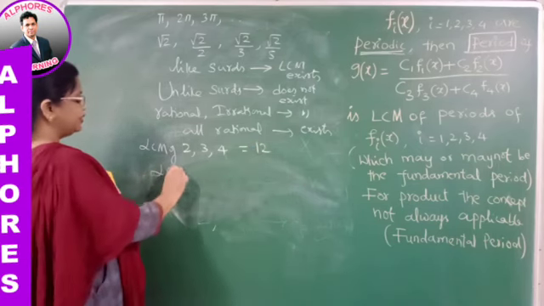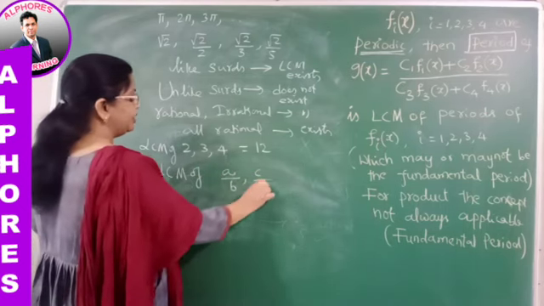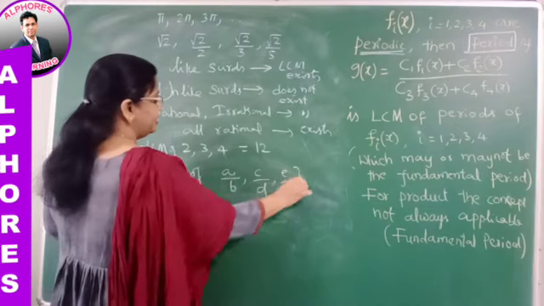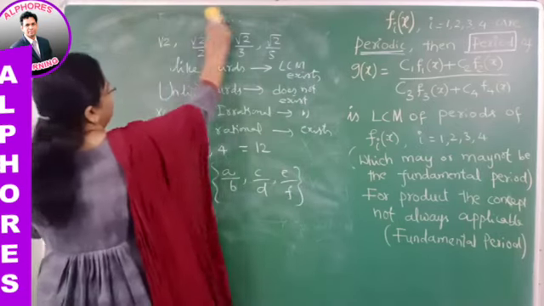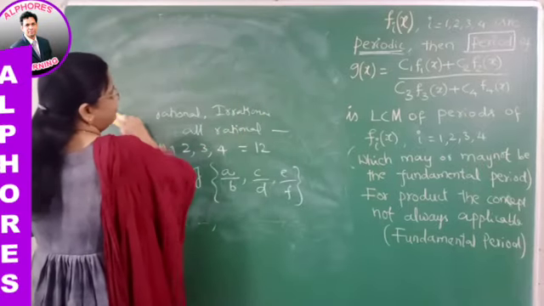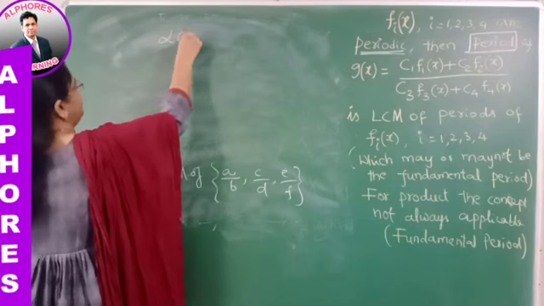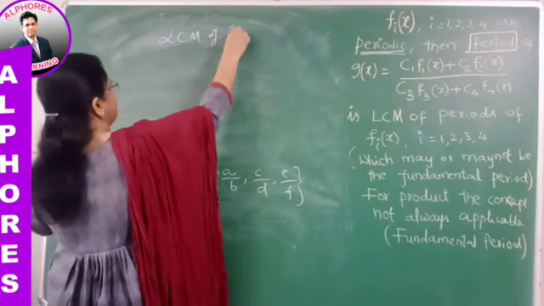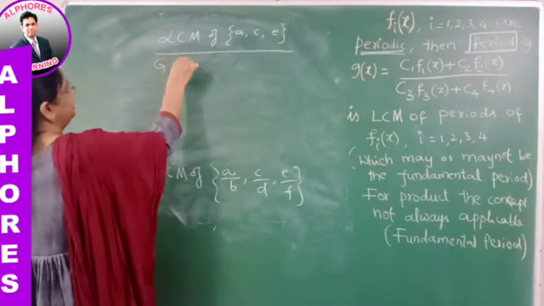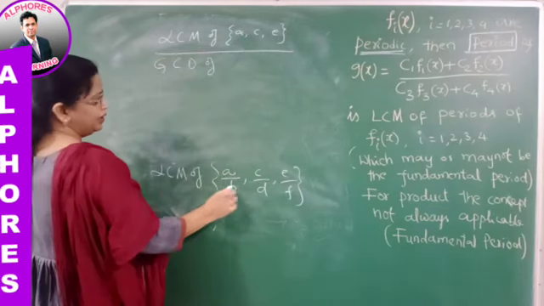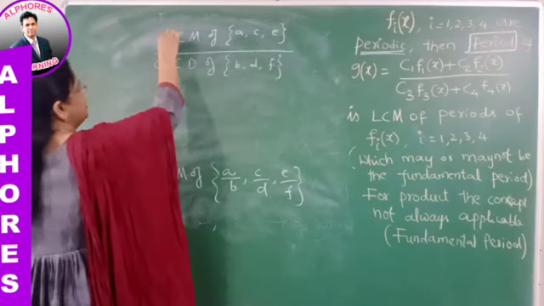But if they ask about the LCM of A by B, comma, C by D, comma, E by F, in this way fractions are there, then what is the formula? All of you know it from school, you wrote it very well. It is the LCM of all numerator values, that is A, C, E, divided by the GCD of the denominator values B, D, F. Easy to remember is just LG.